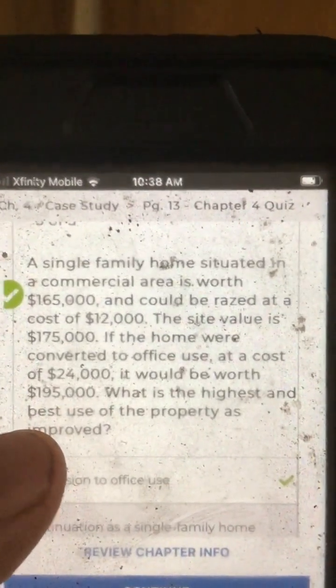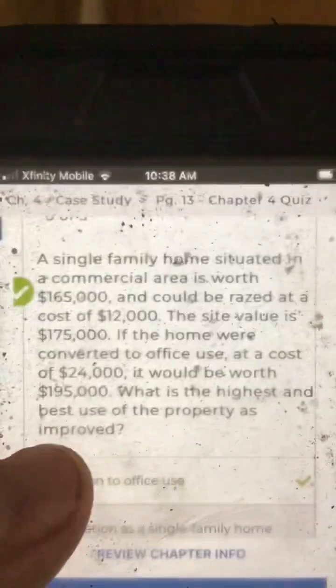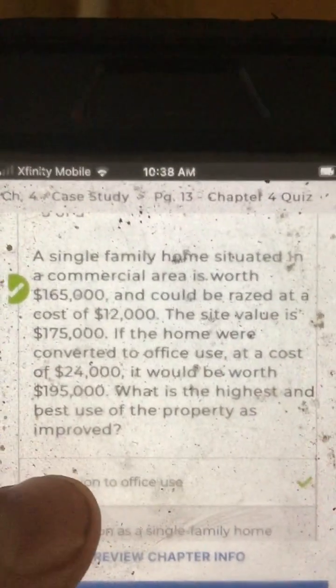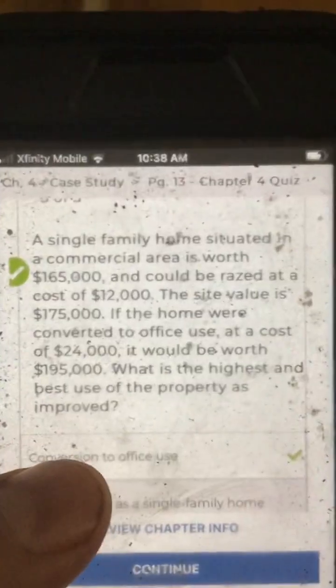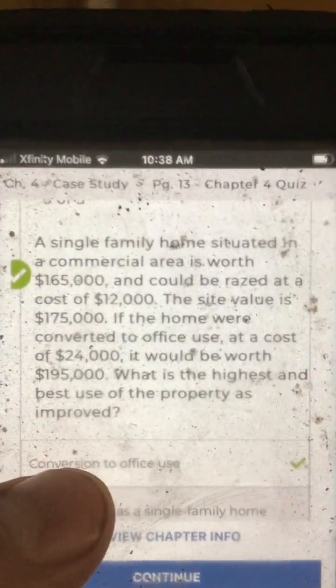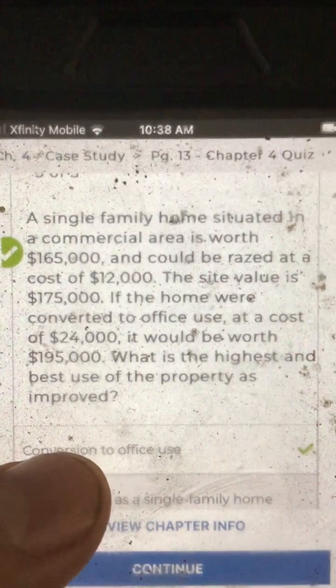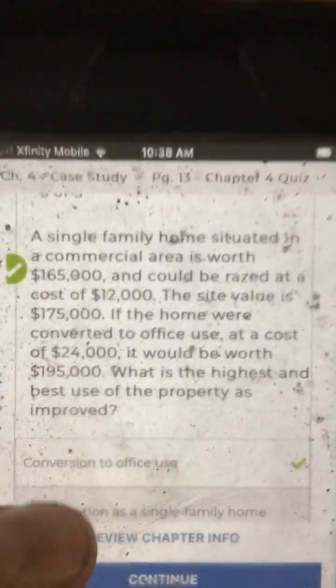Number three, a single family home situated in a commercial area is worth $165,000 and could be raised at a cost of $12,000. The site value is $175,000. If the home were converted to office use at a cost of $24,000, it would be worth $195,000. What is the highest and best use of the property as improved?